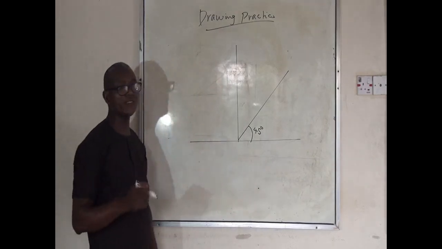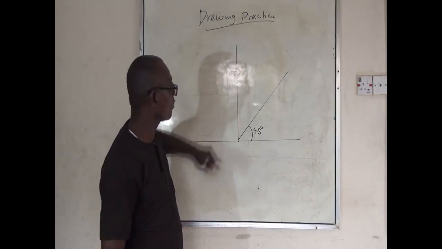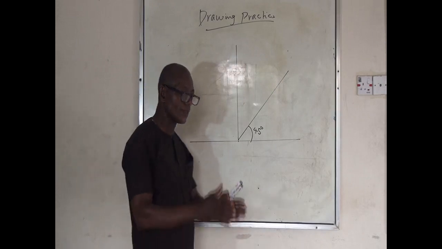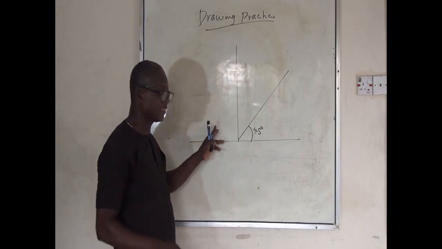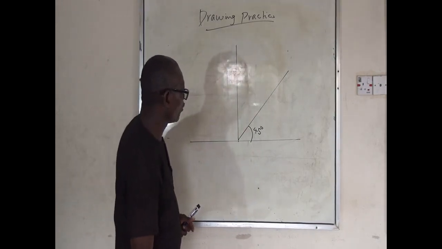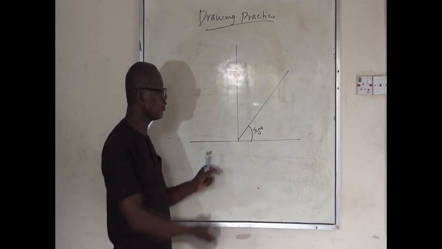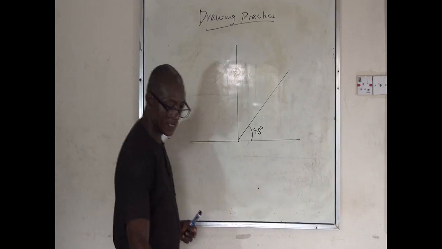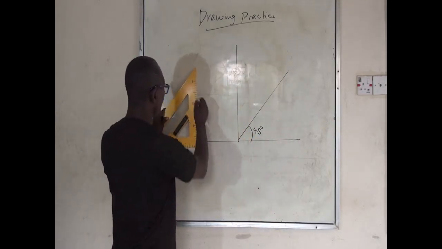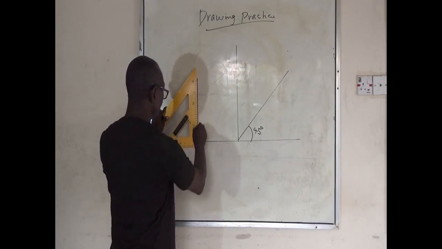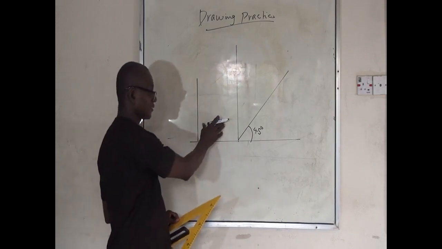Another difference between the isometric drawing and oblique drawing is that in oblique drawing, one of the faces of the object will be parallel to the viewing plane or the horizontal plane. That is to say, if we are drawing a box as we did before, here you have the box. This is one of the faces.